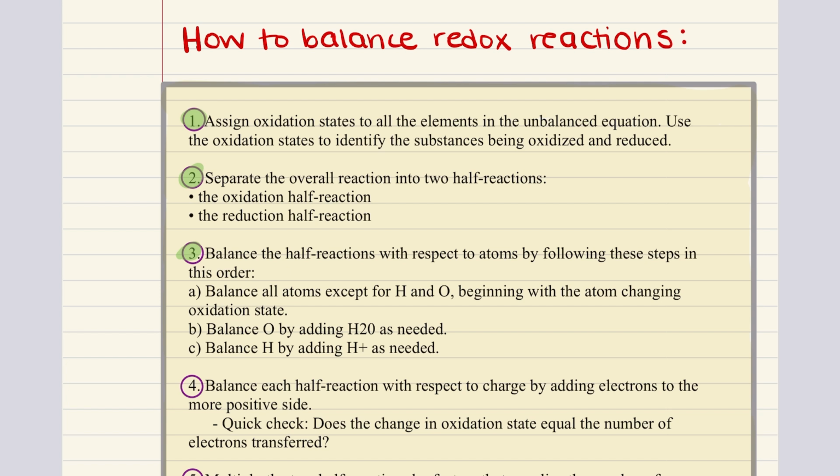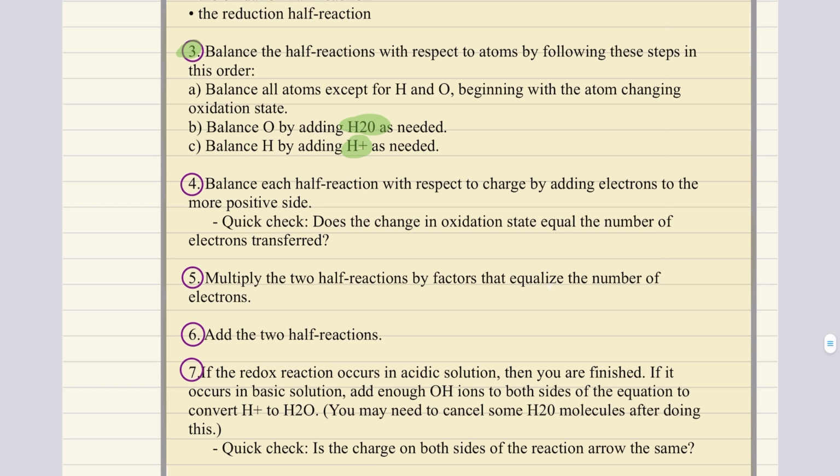To do that in acidic solutions, you're going to add water to balance the oxygen, and you're going to add hydrogen ions to balance hydrogen. After that's done, we then want to balance charge. To do that, we're going to add electrons to one side of the half reaction to equalize the charge on both sides.